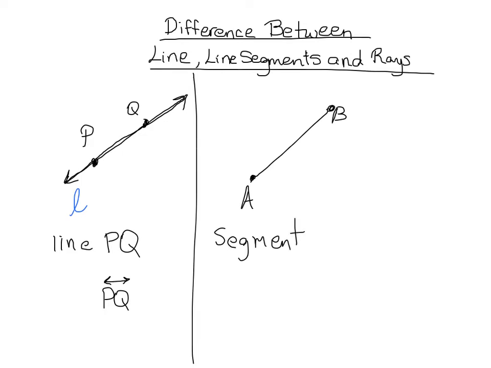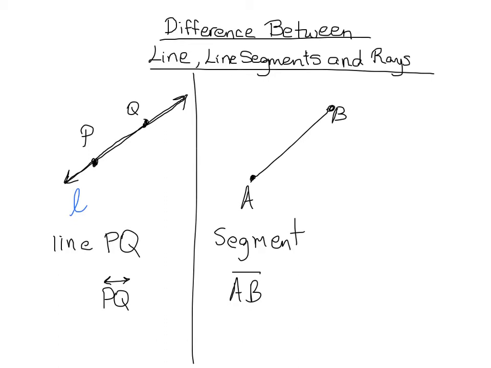Alright, so how do we name our segment? Well, we name our segment in a similar way. We can call it AB, but instead of putting a line on top of AB, we're actually just going to put a segment on top of AB. It has to end. It has to have endpoints. So here we're referring to segment AB.